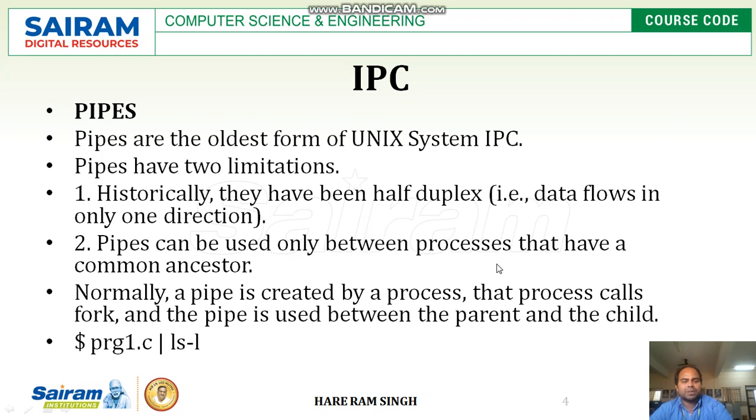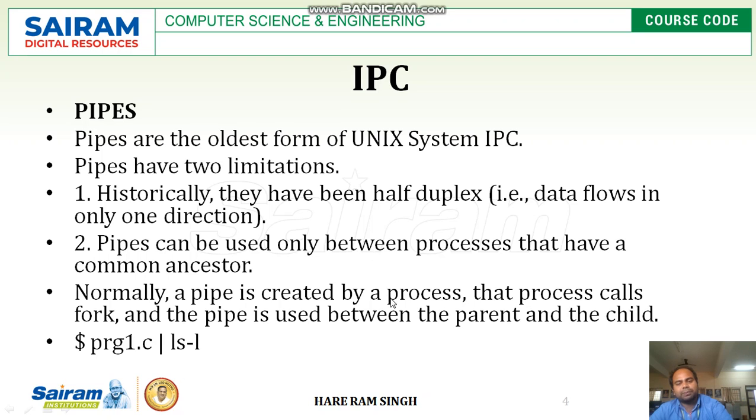The second disadvantage is that pipes can be used only between processes that have a common ancestor. It means if two processes are created from the same ancestor, only those processes can communicate with each other. For example, a parent process and a child process can communicate because they have the same ancestor.